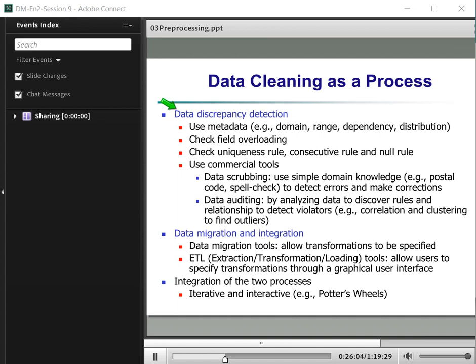How? For example, for a nominal attribute, I can define the set of possible values. For example, for gender or sex, I can say that the values of attribute gender are male and female, and nothing else.